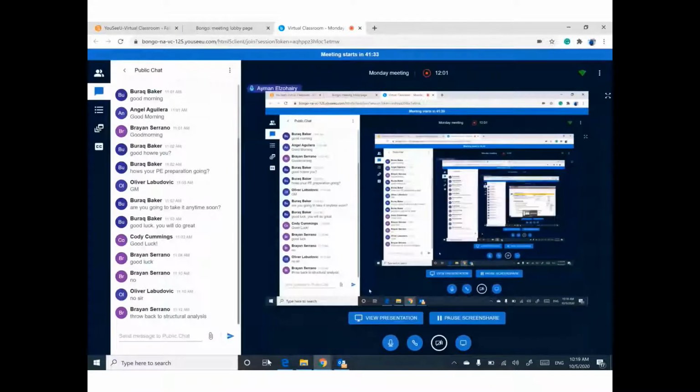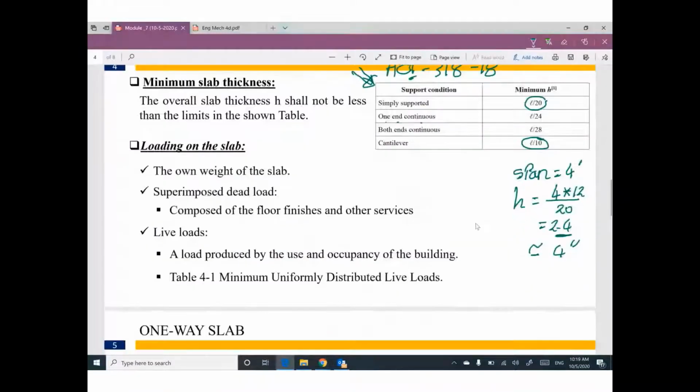Okay, just to remind you, anybody can tell me what are the loads on the slab? Go around, watch around you, your floor. If you assume your floor is a concrete slab, made from concrete, so we have the own weight of the slab. Do you remember how we can calculate the own weight of the slab? Yeah, h times gamma concrete.